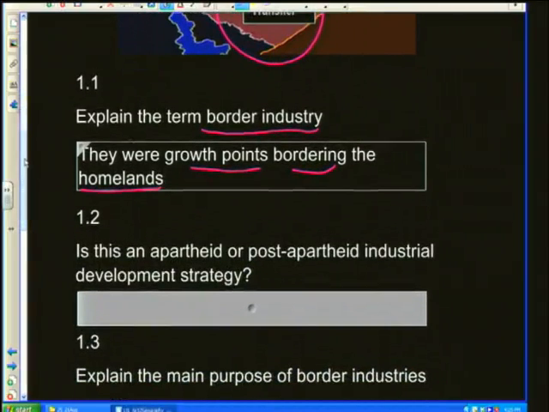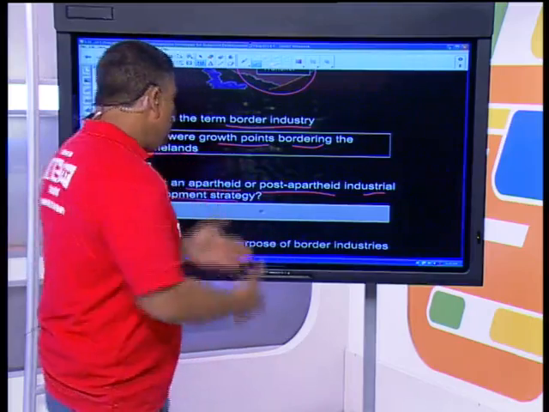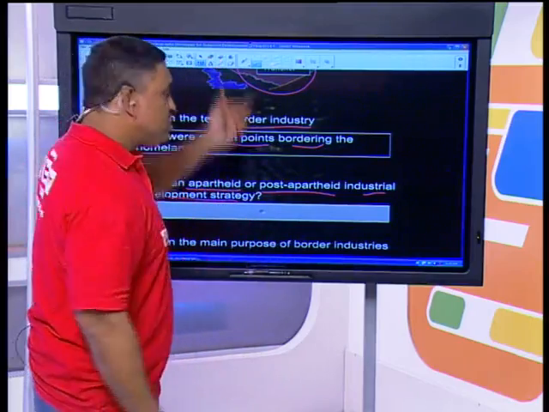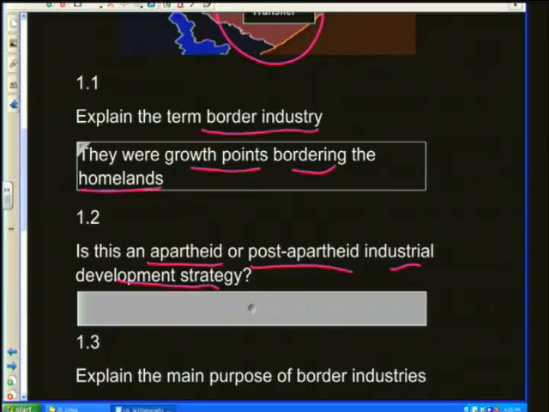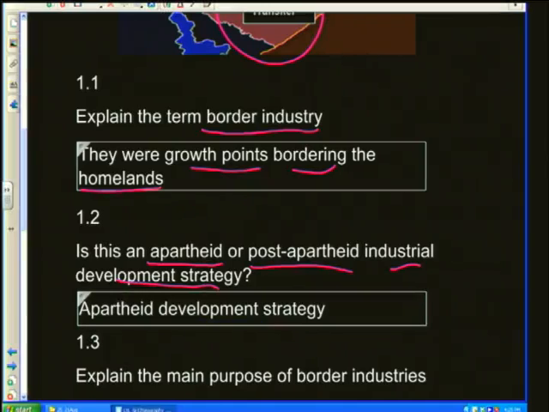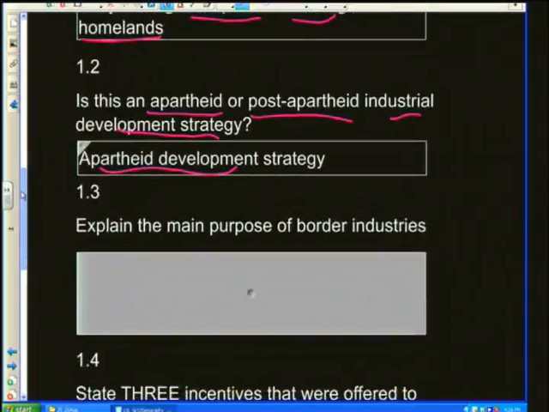Is this an apartheid or post-apartheid industrial development strategy? Very simple questions. Learners, if you learn your content, it's easy. You already worked this out. It happened during the apartheid era, so it is an apartheid development strategy. Okay? Explain the purpose of border industries.